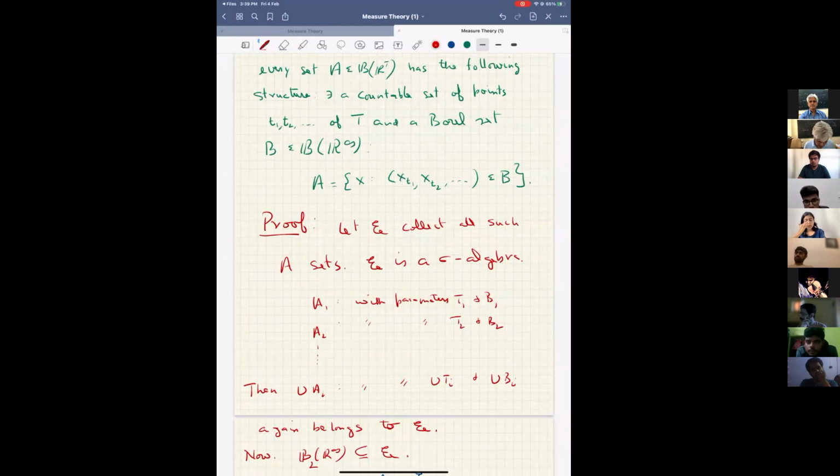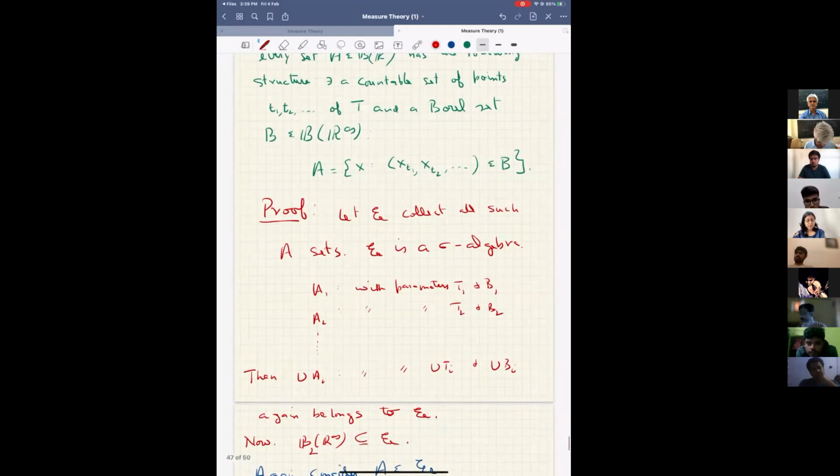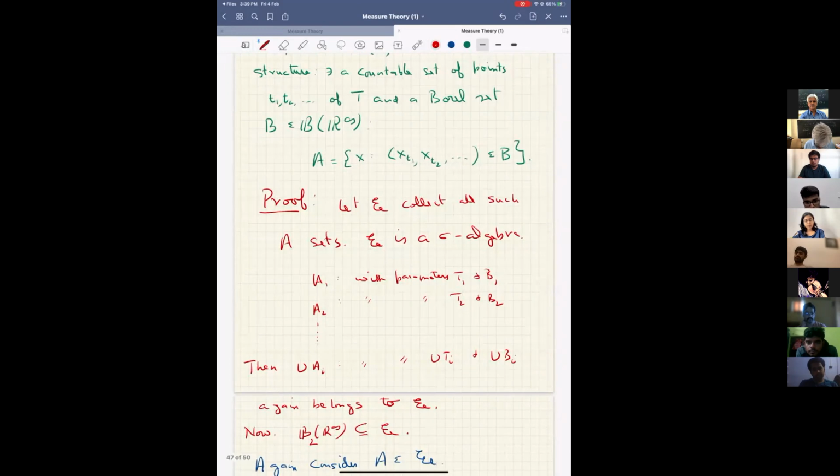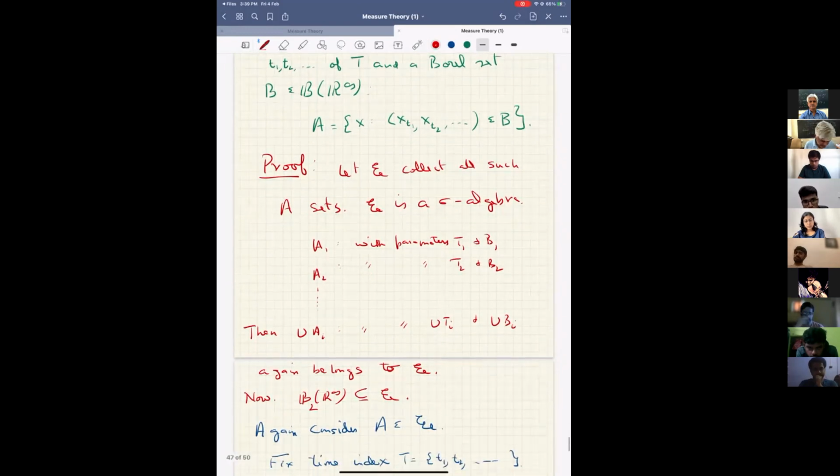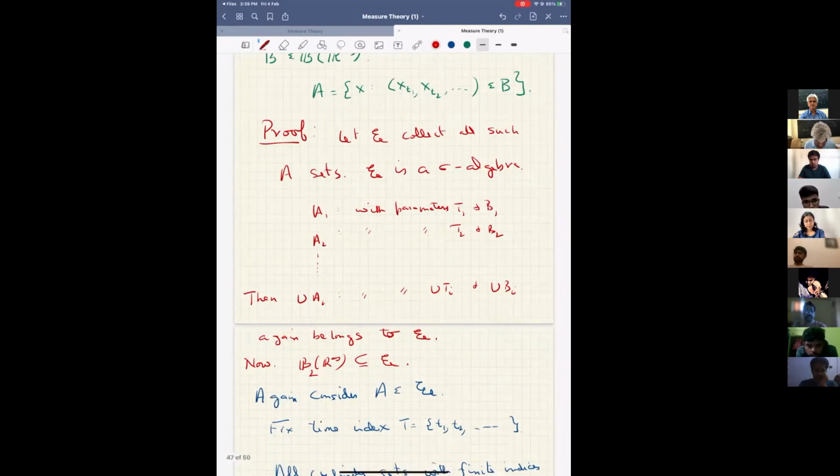I'll let you work out the details on this. A2 has parameters in T2 and the corresponding set in B(R^infinity) is B2. So the union of the Ai is going to correspond to the time points, the union of the Ti, and X belonging to the set, the union of the Bi.